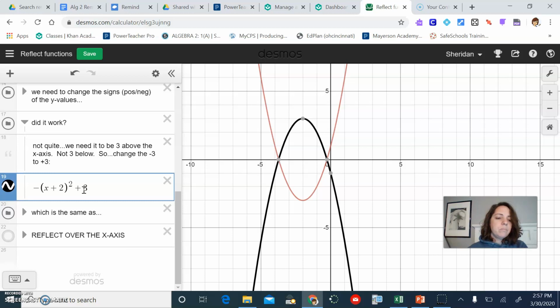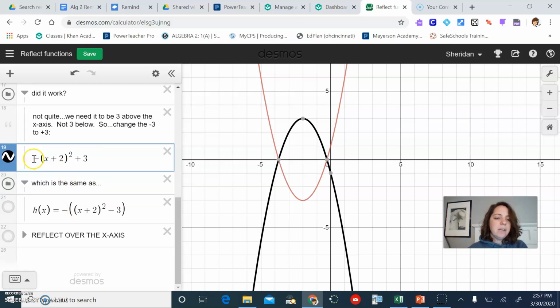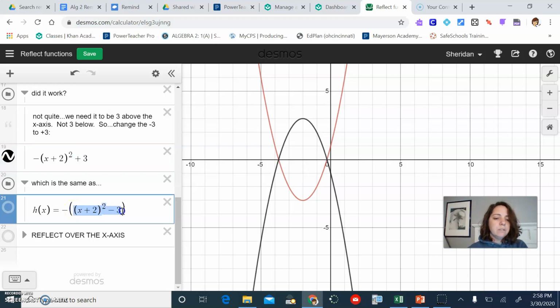Which basically means we changed the sign of this part and this part, which is the same as taking this whole original function and changing the sign.